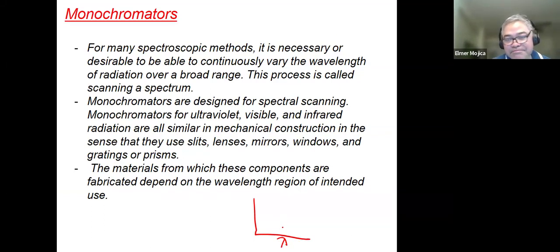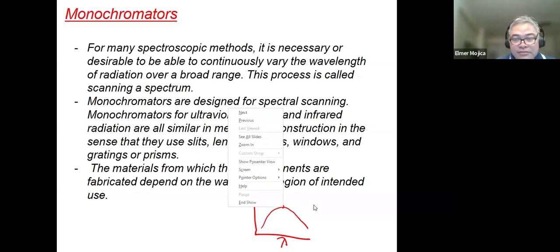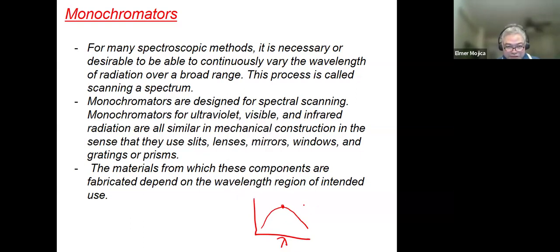You have the wavelength. And then you scan. And then you look at the one that is higher. And when you analyze again, that's where you put the monochromator, to select a particular wavelength.